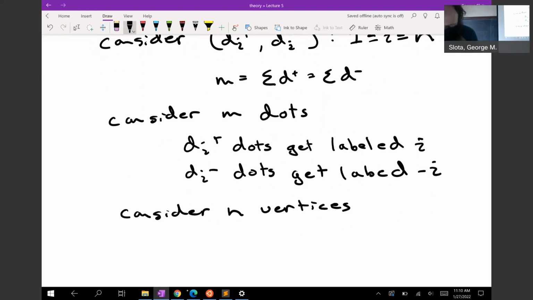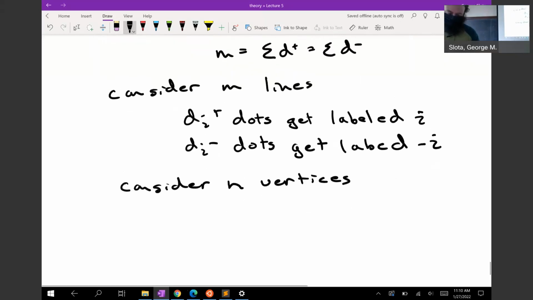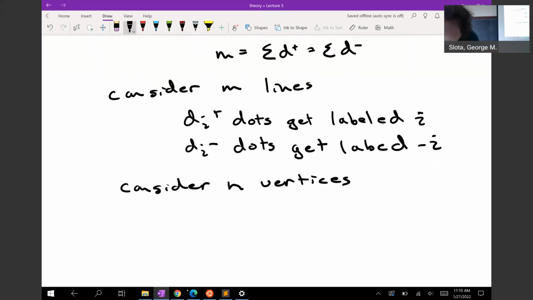The dots, again, are not vertices. They're going to be representing edges. Well, we can fix that right now. Or maybe we can consider m lines. All right. Consider n vertices, obviously labeled 1 through n: v sub 1, v sub i, v sub n.